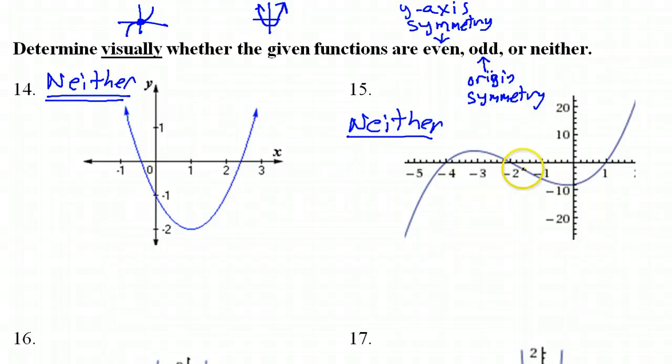But the center of this graph is maybe somewhere around here. This would be the center of the spin. And the center needs to be the origin. It has to be origin symmetry. It can't just spin around any old point. So that's why that is neither.